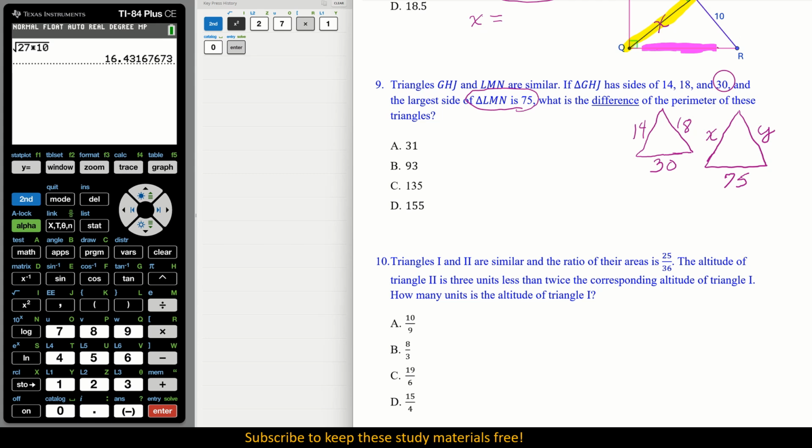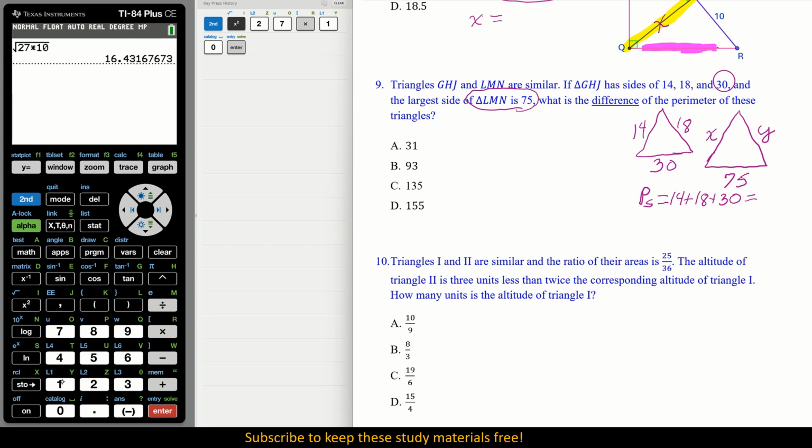But first, let's get the perimeter of the smaller one. So the perimeter of the smaller triangle is equal to 14 plus 18 plus 30.